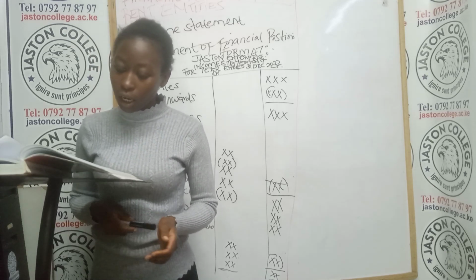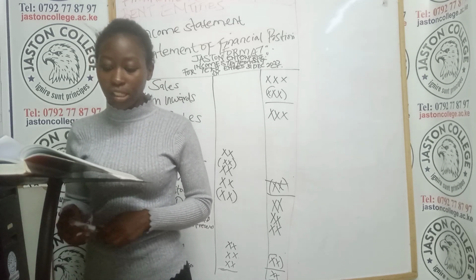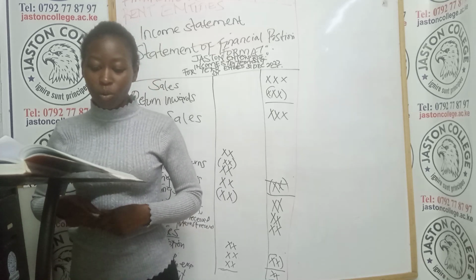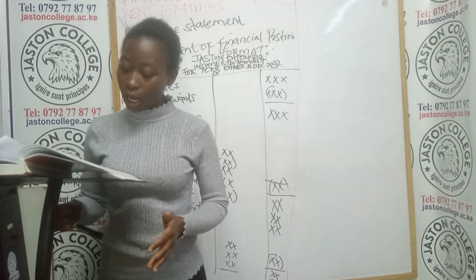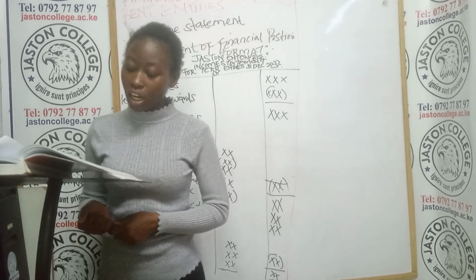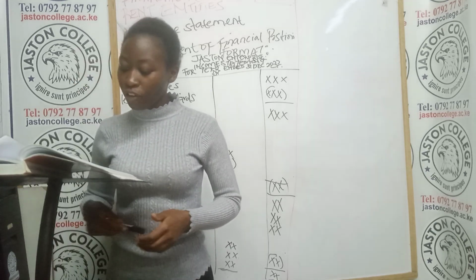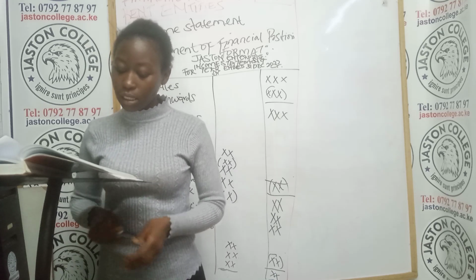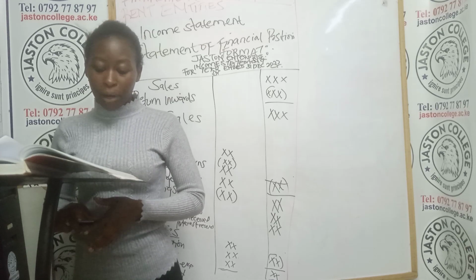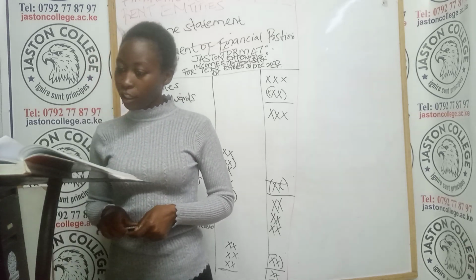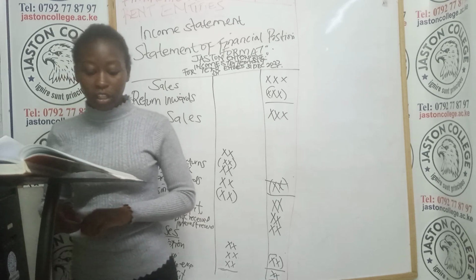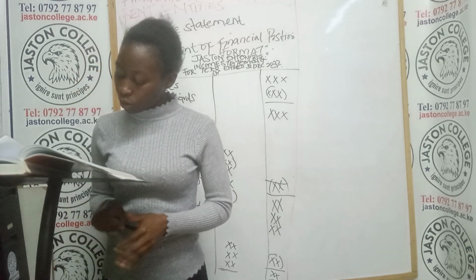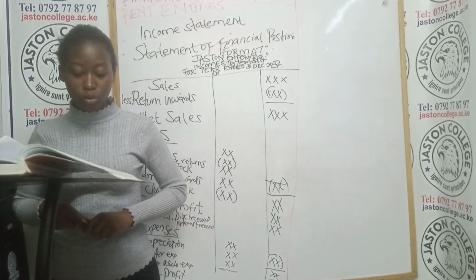We have motor vehicle, equipment, furniture and fittings, capital, drawings, cash at bank, cash in hand, returns inward and returns outwards, carriage inwards, carriage outwards, sundry expenses, office expenses, insurance, wages and salaries, rent, telephone expenses, motor vehicle expenses, purchases and sales. Then we have our additional information. Inventory as at 31st October 2016 was 212,000.